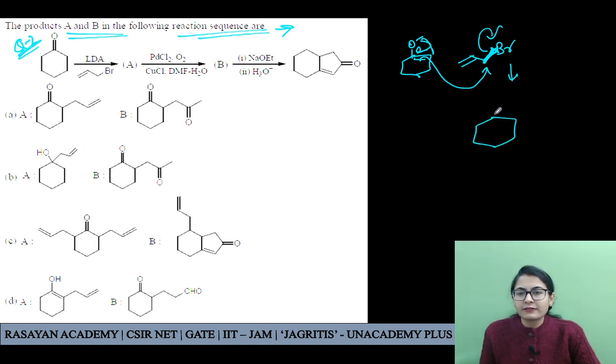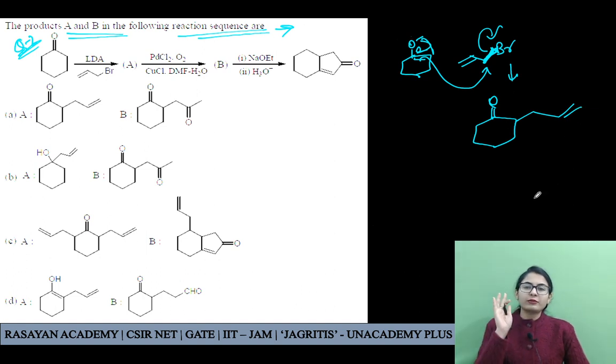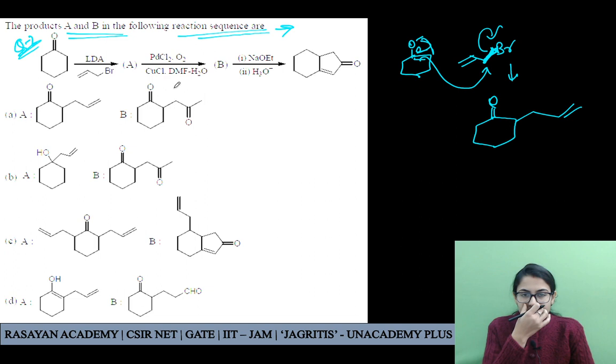So on the alpha carbon you are getting the allylation. Now look at the second reaction, it is your PdCl2, O2, CuCl, DMF. Once again the same combination that you saw. Wacker oxidation, isn't it?